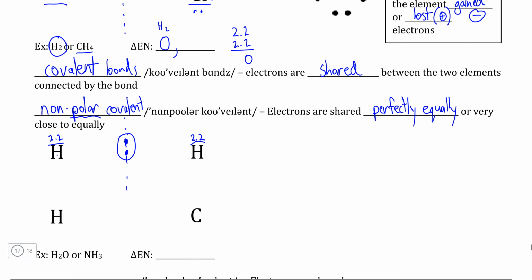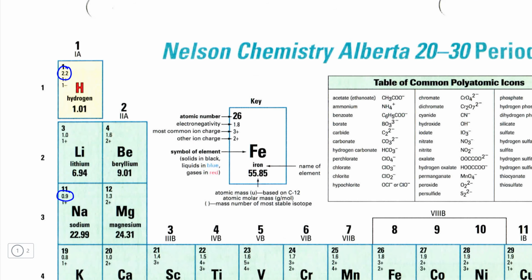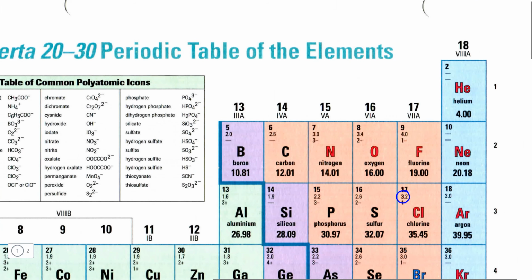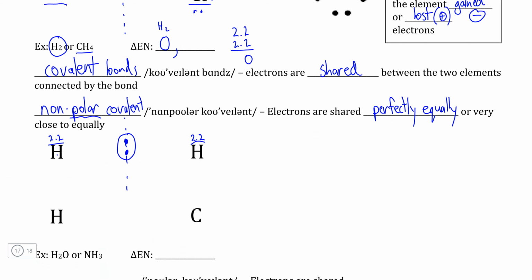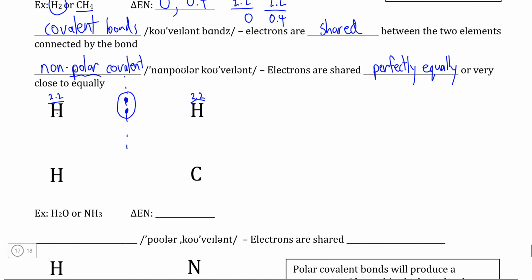So for example, if we look at the bond between carbon and hydrogen, if we take a look at carbon's electronegativity constant, which is 2.6, we can do a quick delta EN calculation here. 2.6 minus 2.2 is 0.4, which is relatively small.